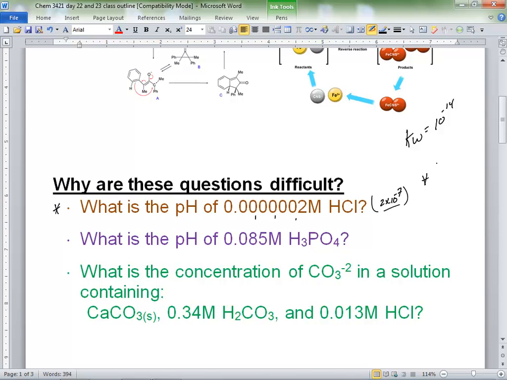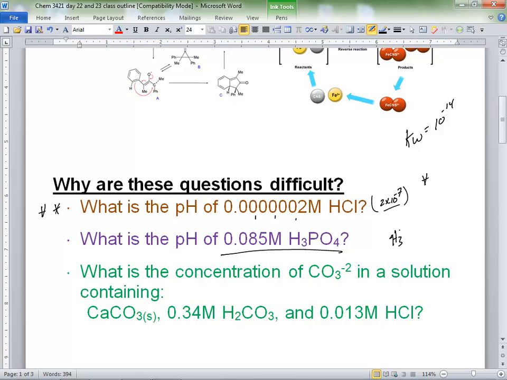What is the pH of 0.085 molar phosphoric acid? Now, I told you what was complicated about the last one. What's so complicated about the next one, the one in purple? Oh, there's 3 forms of phosphoric acid, right? We're interested in pH, but that hydrogen ion is tied up in this form, H3PO4. It's tied up in what other form?